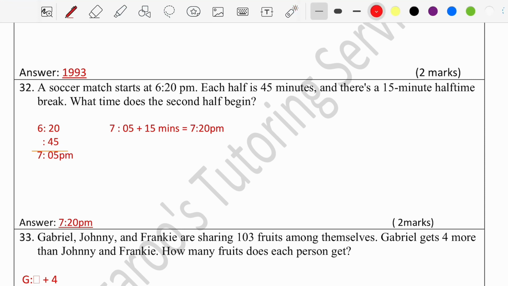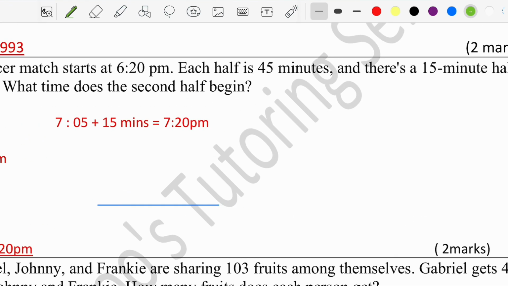So we basically have first half followed by a halftime break, and then second half.